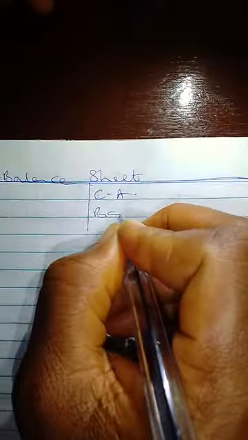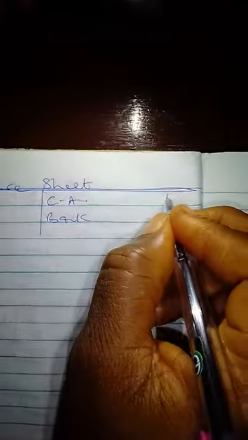Then the last one will be our balance sheet. We prepare the balance sheet. For the balance sheet, under current assets we have our bank. The money in the bank is 1,000 naira.